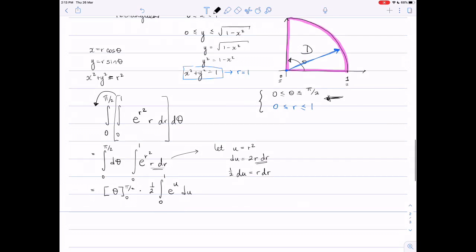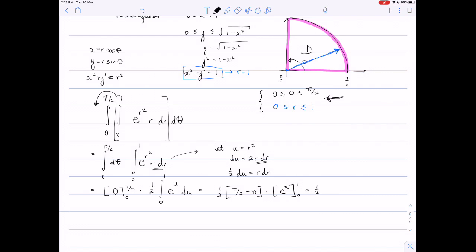So that's quite lovely. Well, factor out the 1/2. 1/2 goes in front. The first integral, evaluate at the top minus evaluate at the bottom, times, and now I have an antiderivative here, which is going to be e to the u. Nice simple antiderivative from 0 to 1 as well. Let's evaluate this.